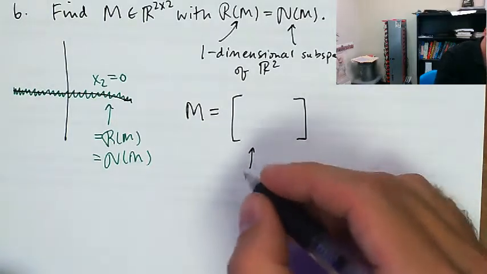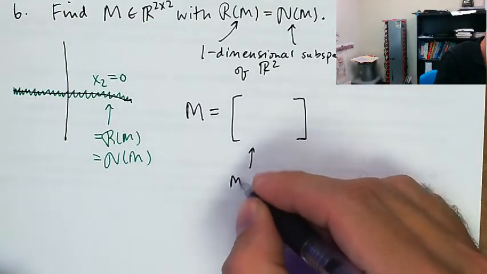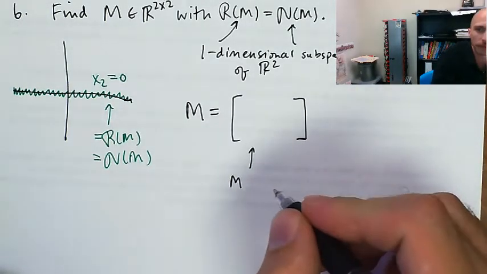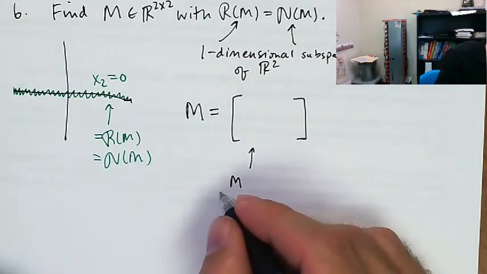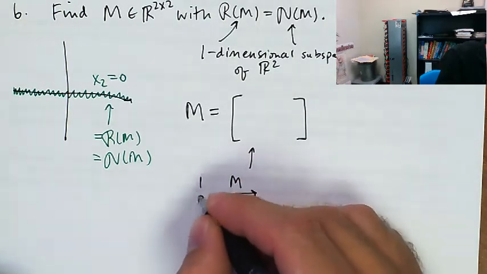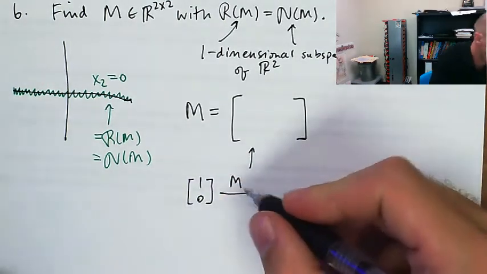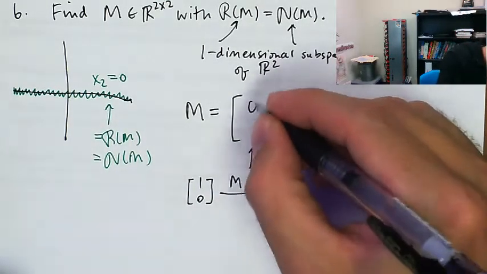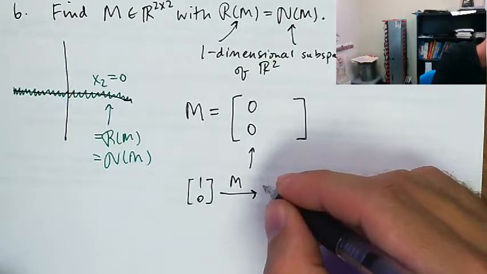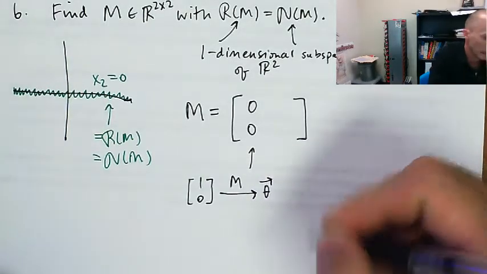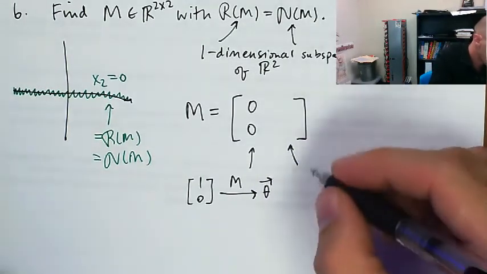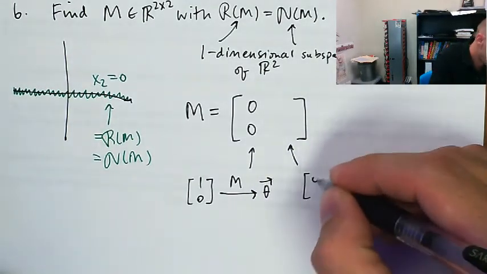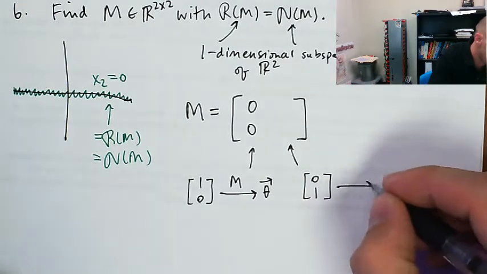This is what happens when you take the vector 1, 0 and run it through M. Well, 1, 0 is here on the x-axis, which is in the null space. So that needs to be 0, 0. And then the question is what's going to happen to 0, 1 under M.